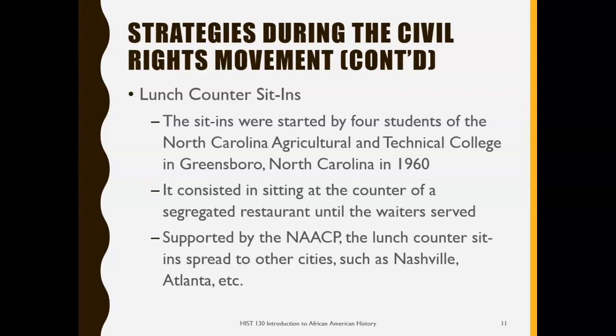And the lunch counter sit-ins consist just in sitting at the counter of a segregated restaurant until one is served by the waiters. So supported by the NAACP, other lunch counter sit-ins were organized in different cities in the South. For instance, in Nashville and in Atlanta.